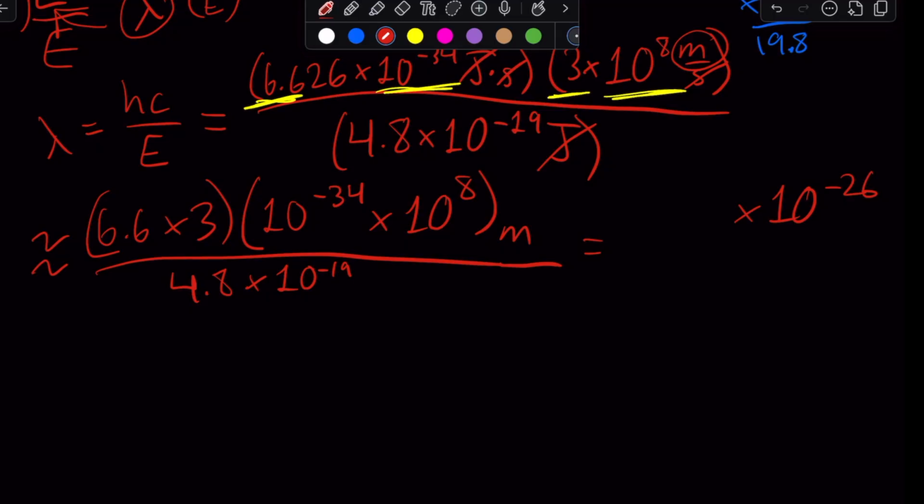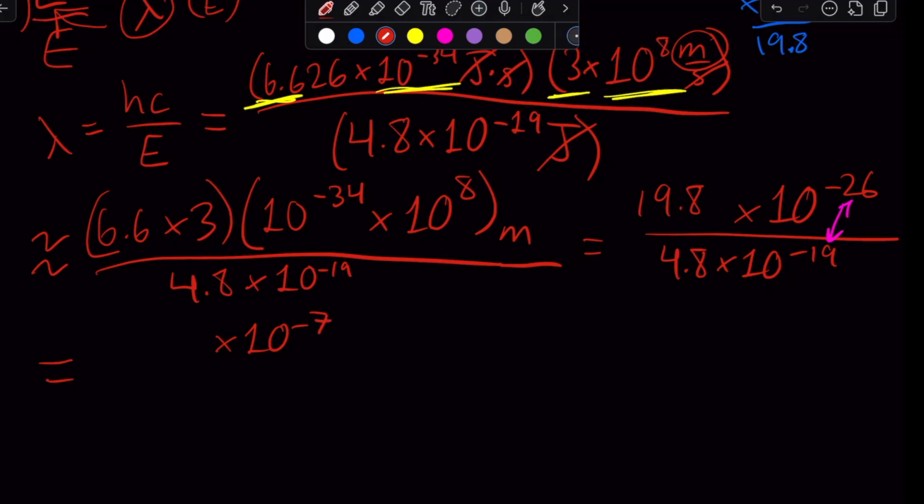So we're going to have 19.8, 4.8 underneath, times 10 to the negative 19. Now when you're dividing, exponents you're going to subtract. So that's going to give us times 10 to the negative 7.